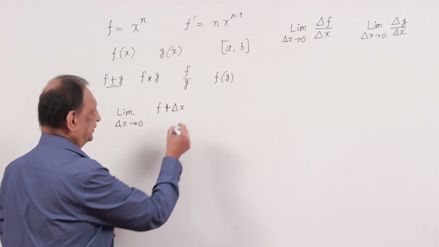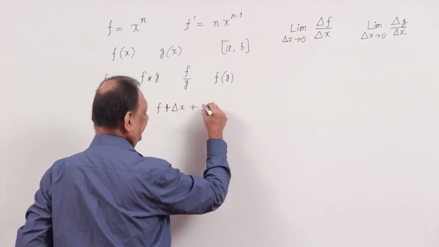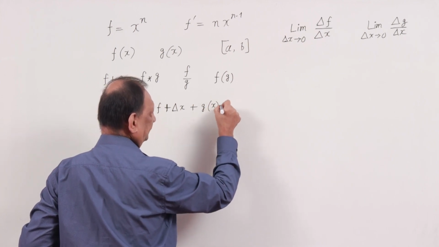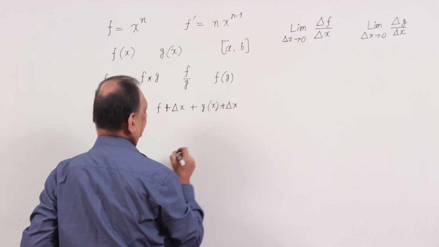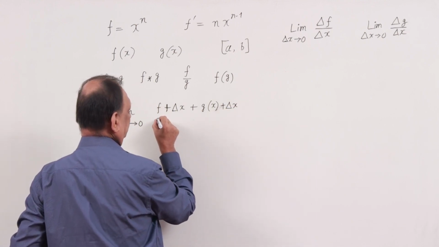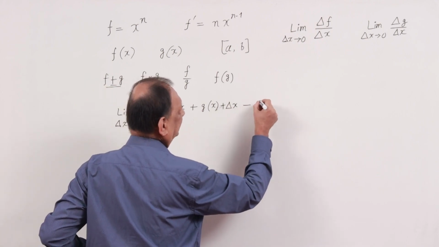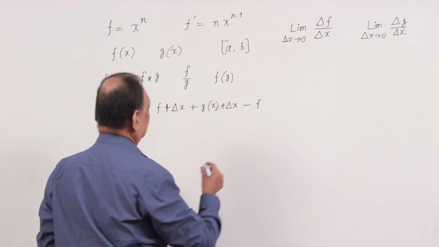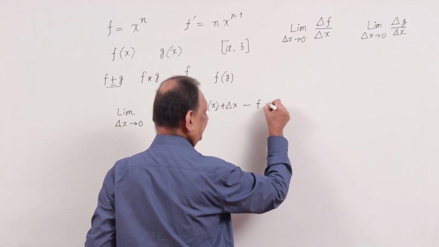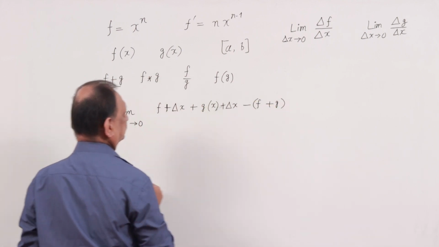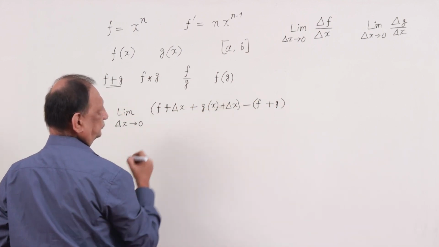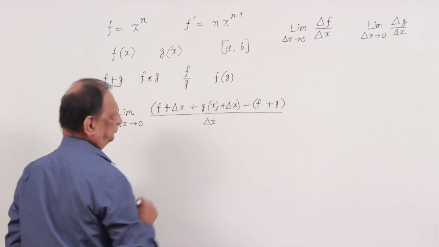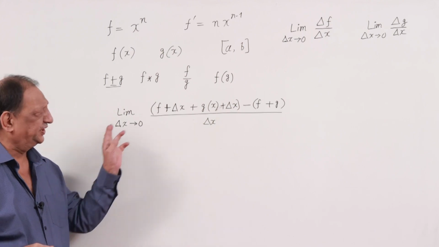Similarly, we get a new value for g, which is g(x plus delta x), minus the old values, which is minus f plus g. The whole thing we have to divide by delta x and check if the limit exists. I think it's just a question of rearranging these terms.